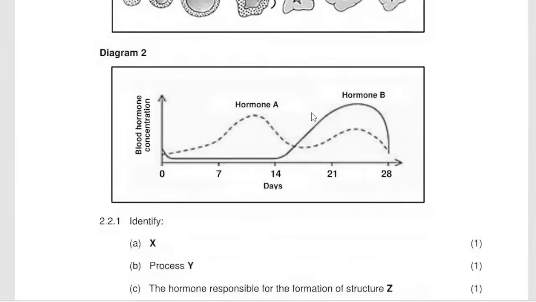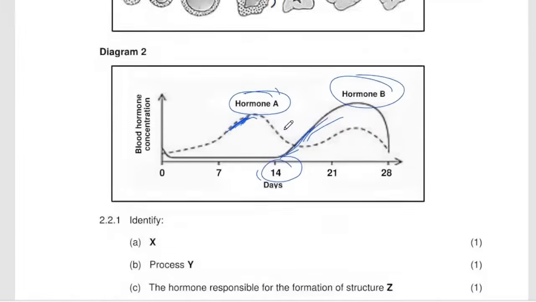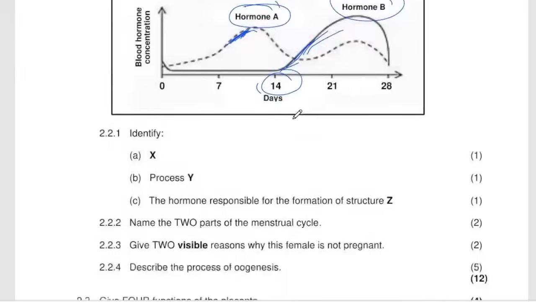This is suspected to be estrogen, and this is suspected to be progesterone, because it increases after day 14, while this one increases after day 7 and then drops towards day 14. So I have to say I suspect.